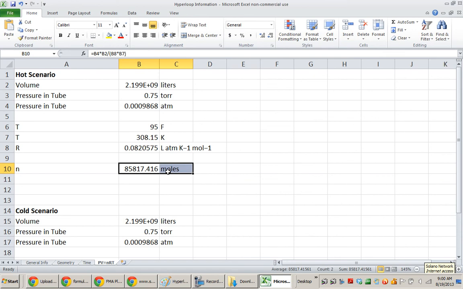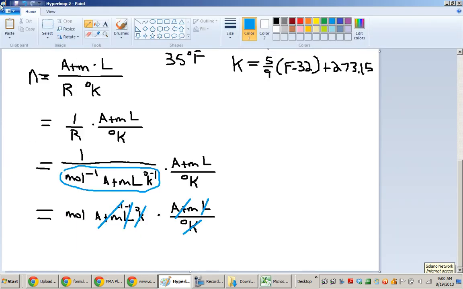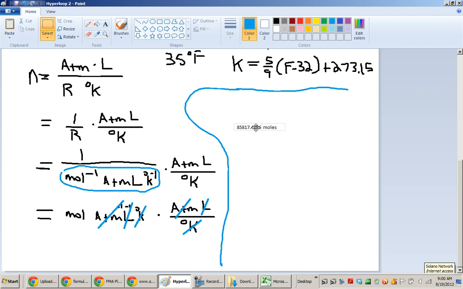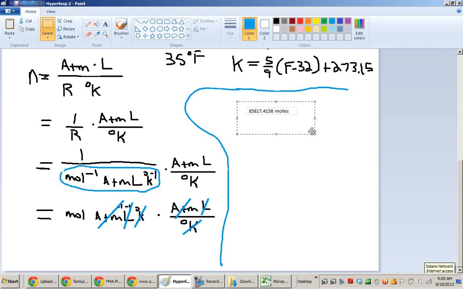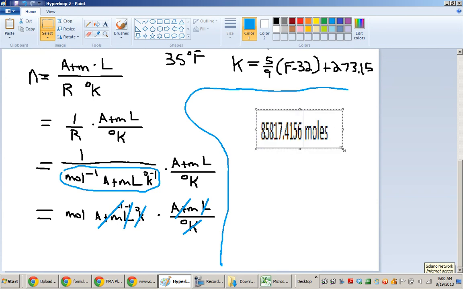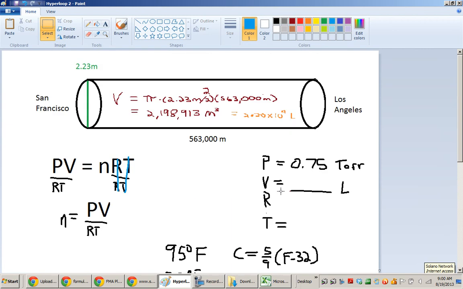So I need to round this number. So let's take this to the board and round it to the right number of sig figs. So let me clear some space. Okay, this has way too many sig figs because we actually started with a factor.